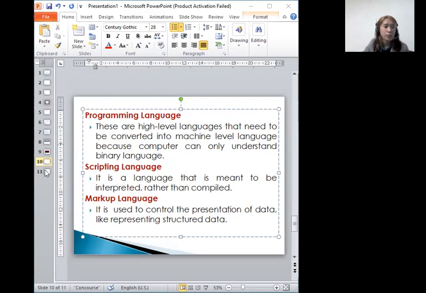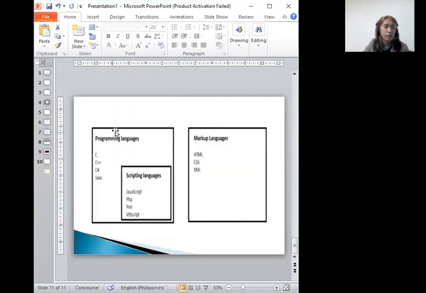Next, we're going to differentiate programming languages, scripting languages, and markup languages based on the given examples. For programming languages, we have C, C++, C Sharp, and Java. For scripting languages, we have JavaScript, PHP, Perl, and Visual Basic Script. For markup languages, we have HTML, CSS, and XML.